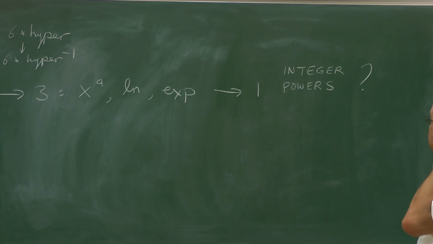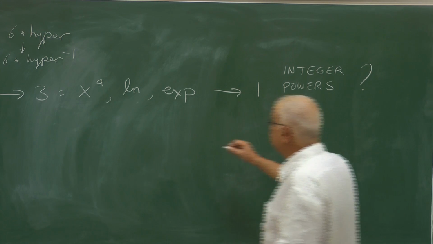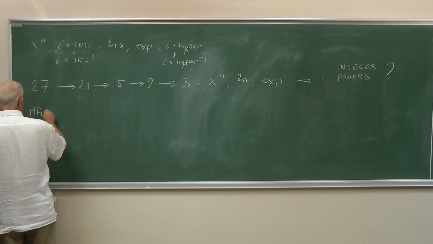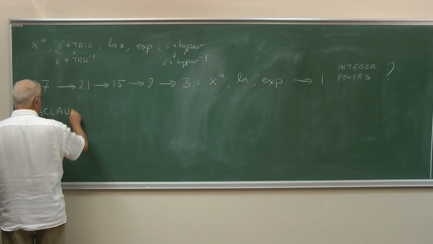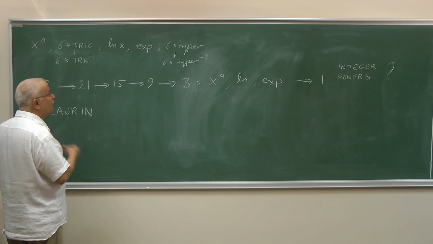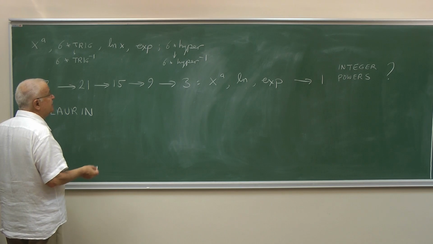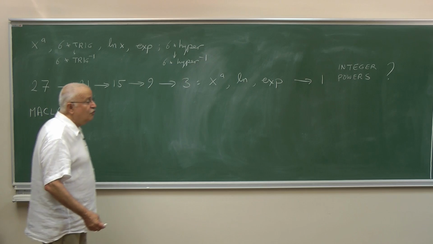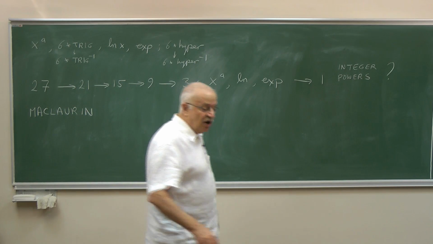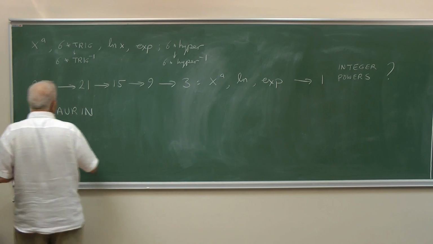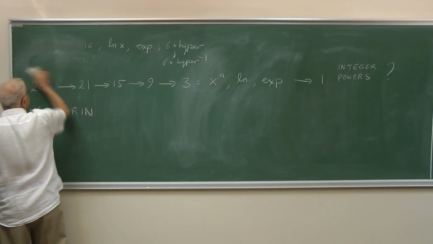Well, the Maclaurin approach is an attempt in this direction. Can we express functions as a sum, in fact an infinite sum, of integer powers of x? So it's a good attempt. Let's try that.